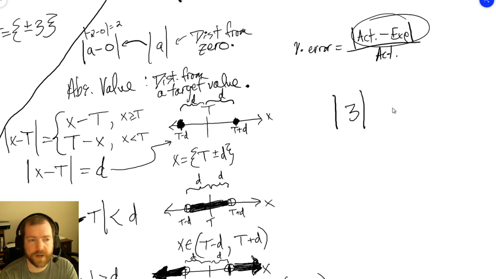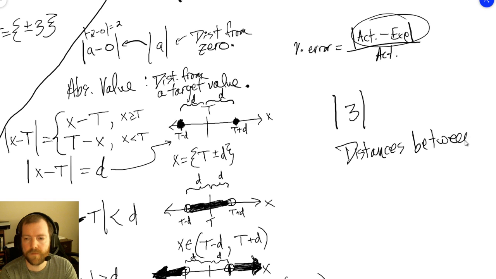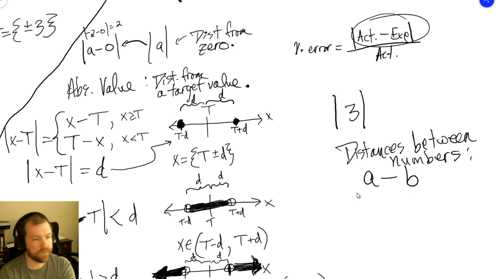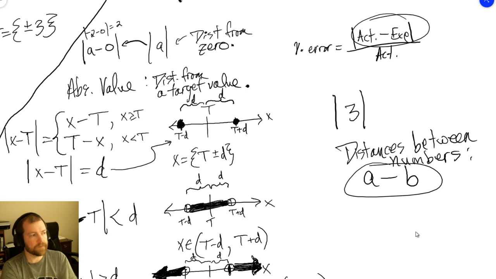Well, that's because when you try to find distances between any two numbers, you're going to look at A minus B. Here, the distances that exist, we're looking for this value, whatever it ends up being, A minus B. It's going to get us the total distance between these two objects.